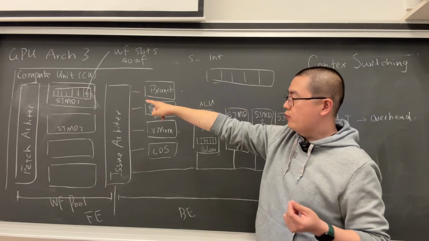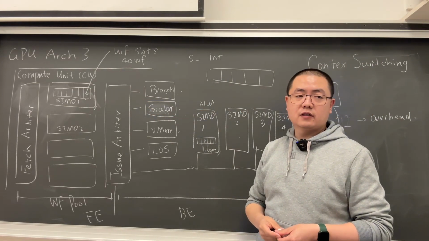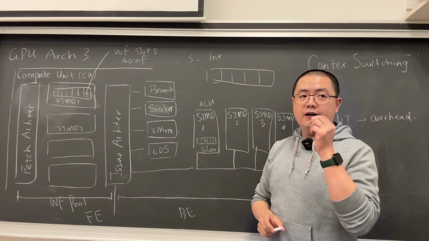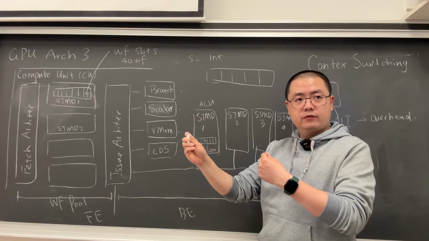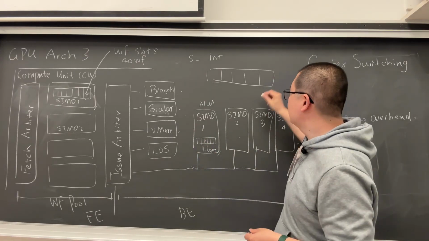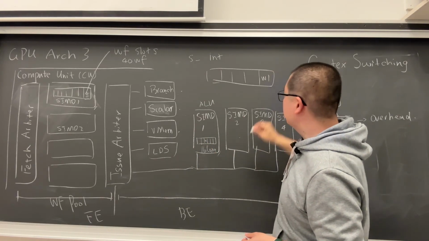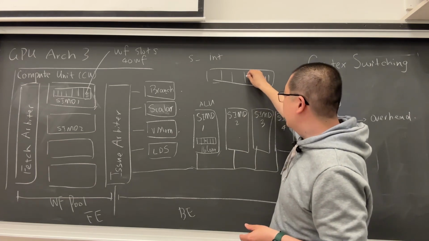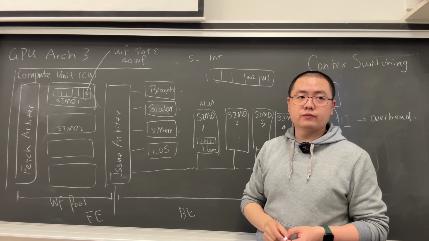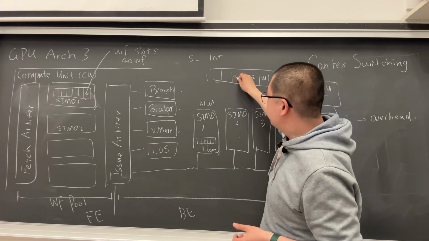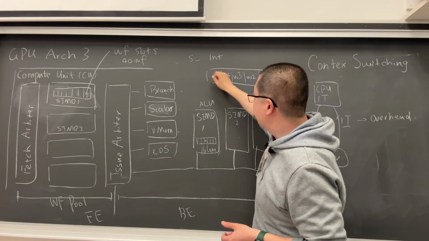Remember, we said we never have one warp or one wavefront with two instructions in the pipeline. But the pipeline can still be full. How can it be full? It's full in this way. This is for wavefront 1, for warp 1. And in this slot, we're actually executing another instruction from wavefront 2. Then this is wavefront 3, wavefront 4, and wavefront 5.